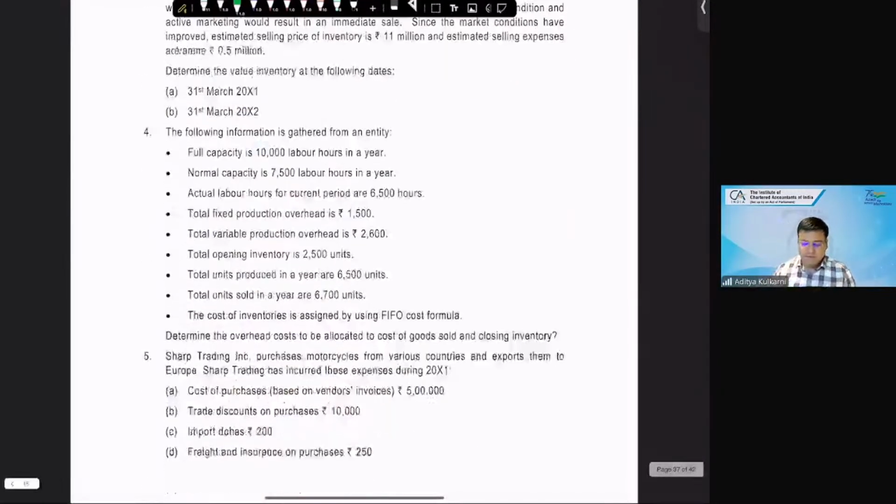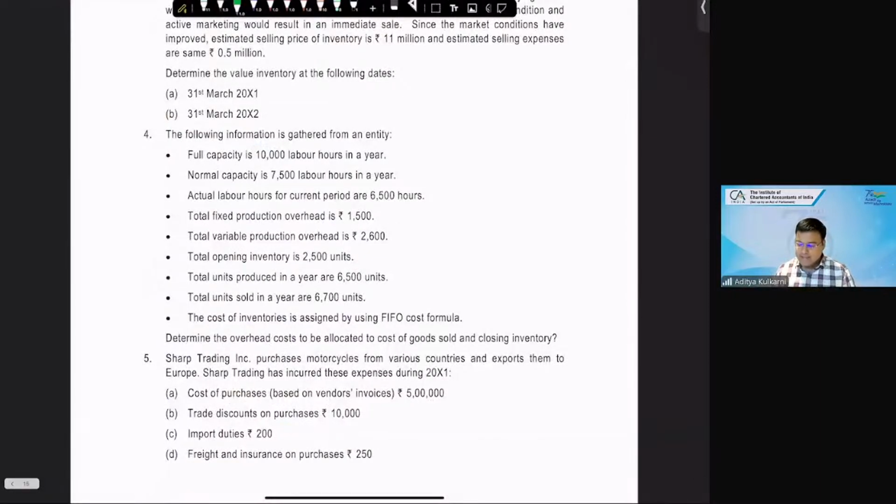Clearly. Okay. The following information is gathered from an entity. Full capacity 10,000 labor hours in a year. Normal capacity 7,500 labor hours in a year. Full capacity and normal capacity, what is the difference? Full capacity is if you use your facility for maximum time without any holidays, all the 3 shifts, that is your maximum capacity.